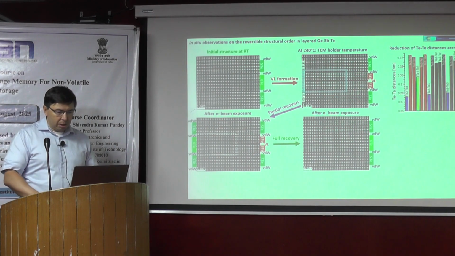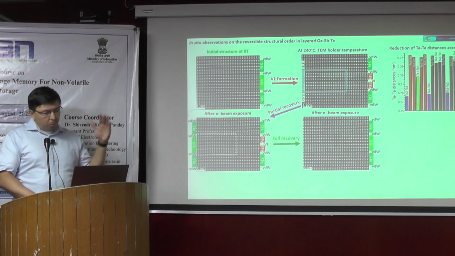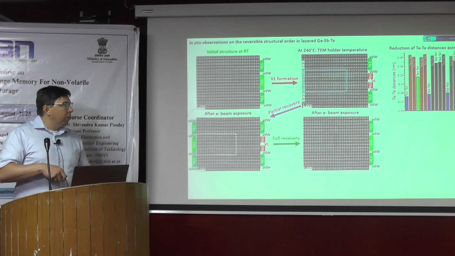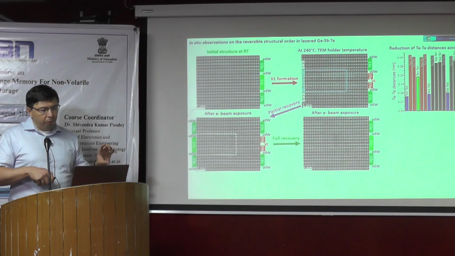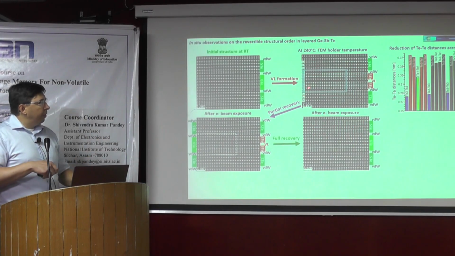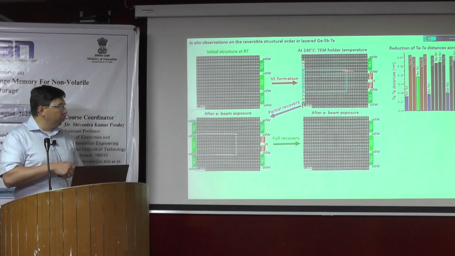This transformation, let's say crystalline transformation, is also connected to changes of the distances in the system. So if you have such a vacancy layer, we have an increase of the distances between tellurium layers.